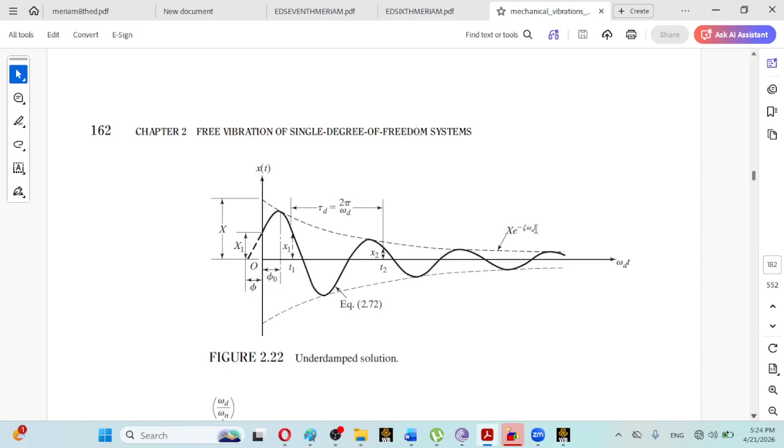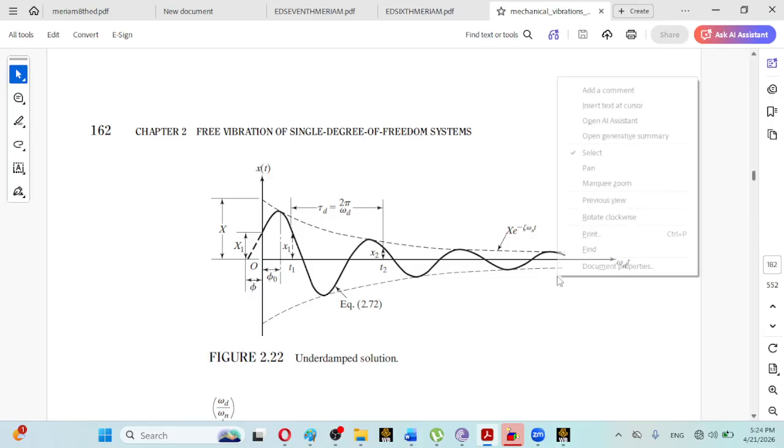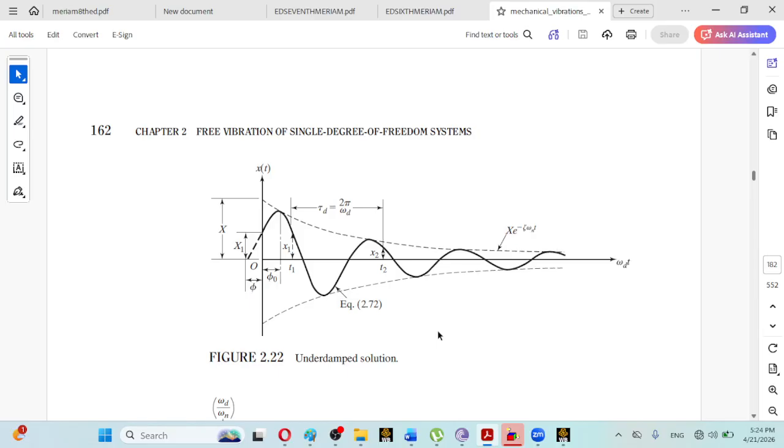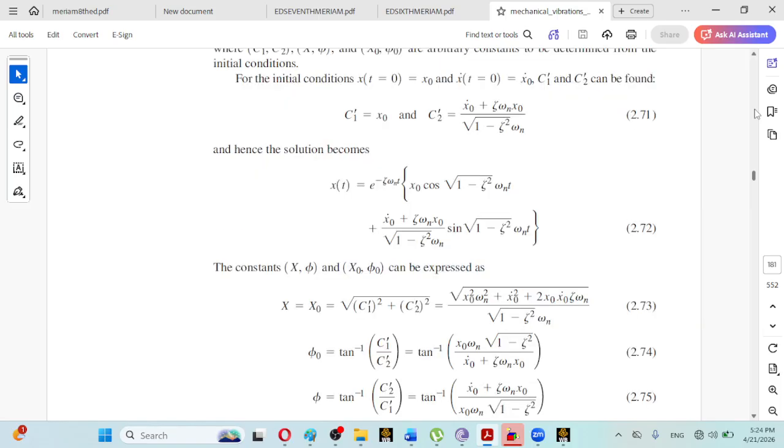One was the exponential and the other was inside the parenthesis. So again I am explaining this thing: this bold graph is the solution or plot of equation 2.72 complete.